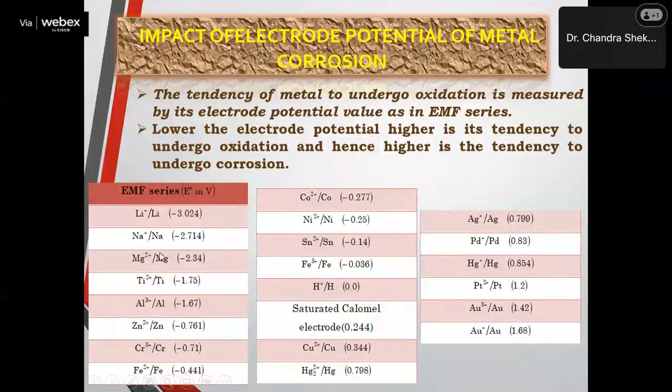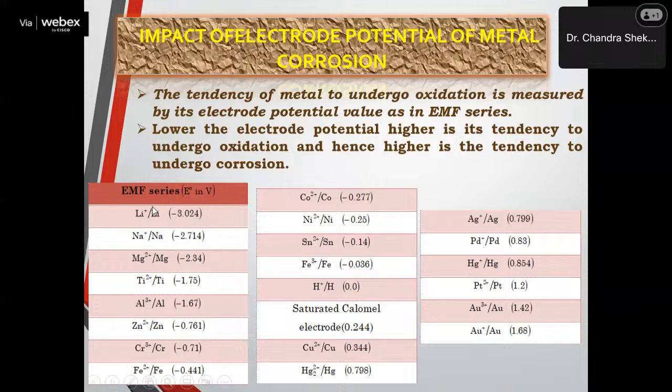Sodium metal is stored in kerosene only to prevent its exposure to the environment, because when exposed to the environment, it undergoes corrosion very easily. And therefore, in case of active metals, the rate of corrosion is directly related to the electrode potential value. Lower the electrode potential value, higher the tendency of the metal to undergo oxidation and corrosion.